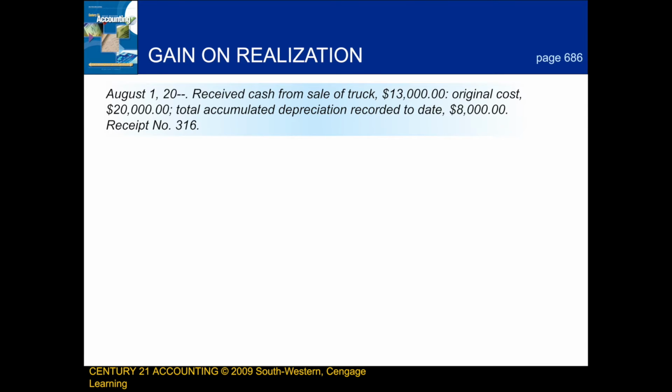Next we're going to be talking about calculating and recording a gain on realization. This first transaction reads, on August 1st, received cash from the sale of a truck, $13,000. The truck had an original cost of $20,000, and the total accumulated depreciation recorded to date is $8,000, and the receipt number is 316.